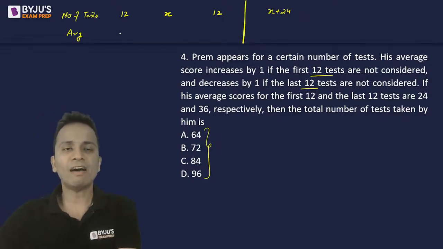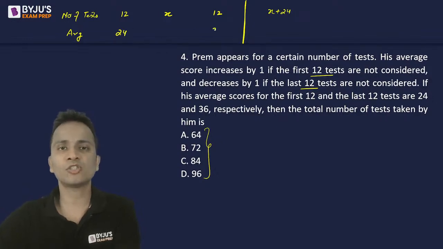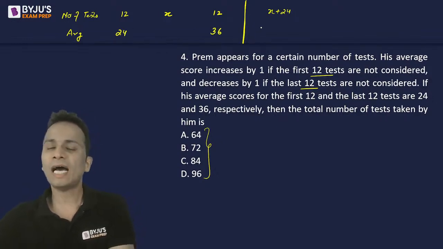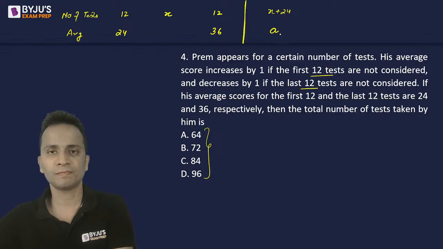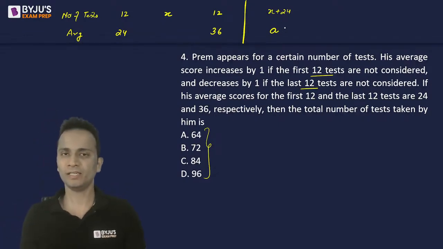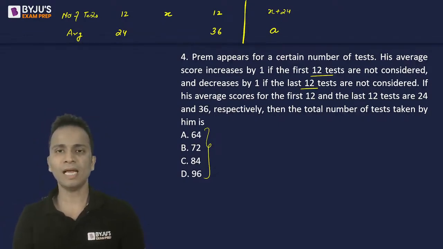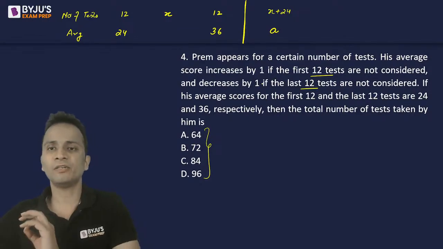Now, the average of the first 12 tests is 24, and the average for the last 12 is 36. Let's say the total number of tests is X plus 24, and the average is A. Now, let's understand the statements one by one.